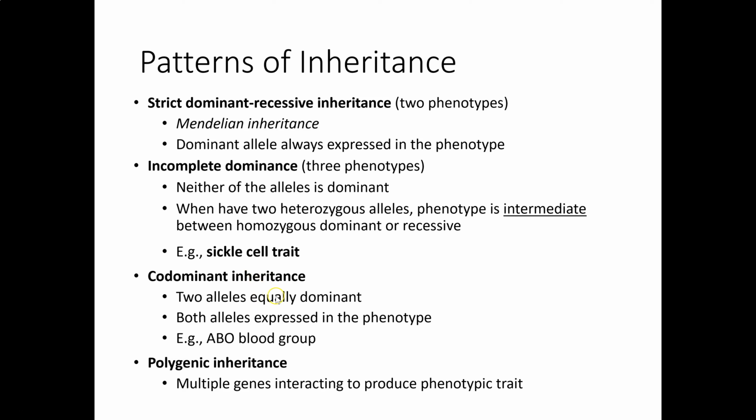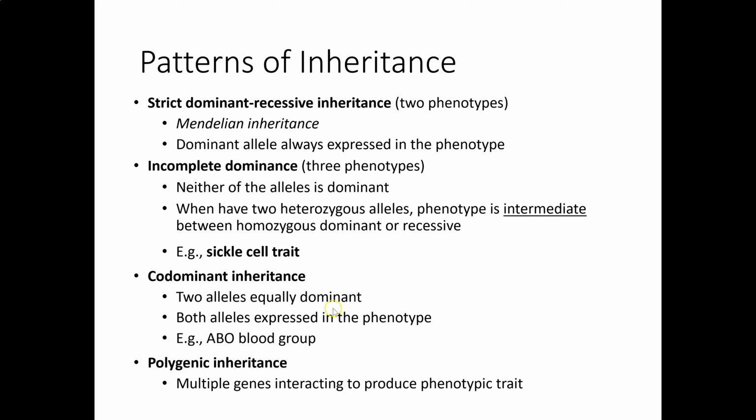But if the chicken is heterozygous for the white and red feather, what do you think the feather is going to be like? Well, if you end up with a pink feather, that's incomplete dominance, because that's intermediate. With co-dominance, you wouldn't have a pink feather, because both alleles are going to be expressed.